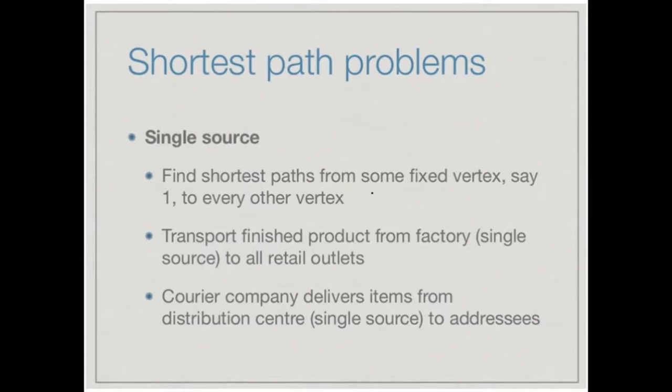Now these two problems, like calculating the budget of transporting goods from the factory to one of the particular outlets, or the time allotted for the courier boy to deliver the parcel from the distribution center to the particular address, can be solved with the help of weighted graphs.